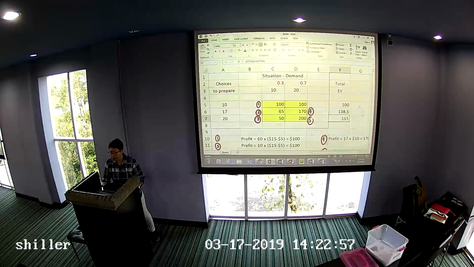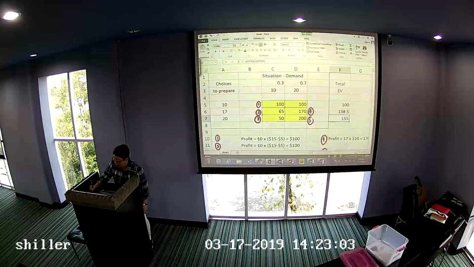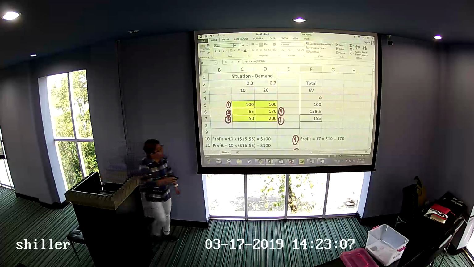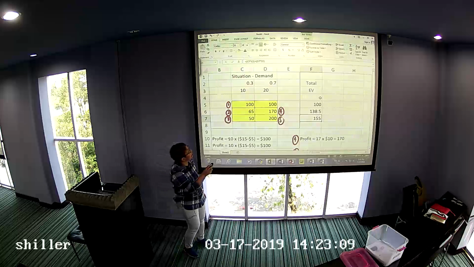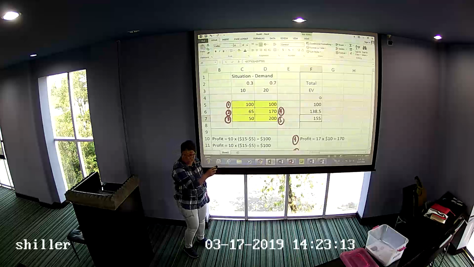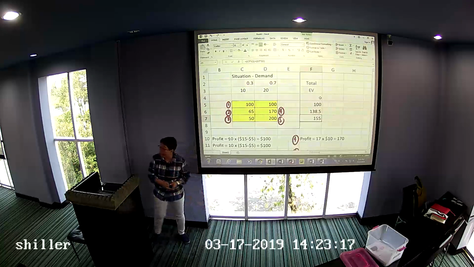Okay, so I have the 3 EV. Do you understand what happened here? Everybody? Yes or no? Alright, so it's the EV. How did I get this? It's this multiplied by the probability plus this multiplied by the probability. Line by line. Yes? Everybody?